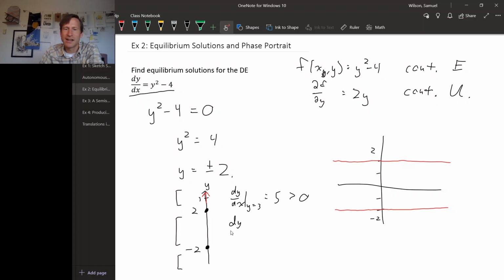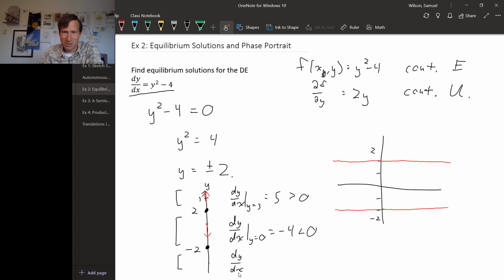Let's check, how about y equals 0? When y is 0, dy dx is -4, and that's less than 0. So if we start between -2 and 2, then the y value is decreasing. So if we start anywhere in here, we decrease. And then finally, we could try in this bottom region.